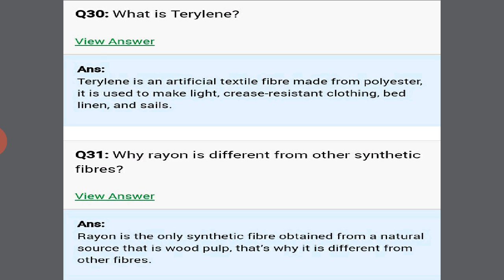Although we get it from a natural source, wood pulp, it is still prepared by some chemical processes. That's why it is called an artificial synthetic fiber. It's not a natural fiber. Got it? Okay, is this point clear? Let's move to the next question.